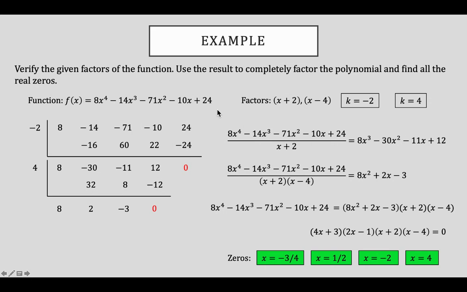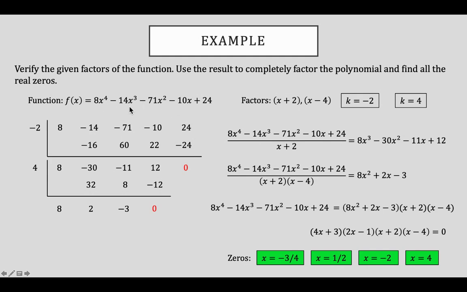So, given a few of the factors, we were able to use synthetic division to divide, which then in turn allowed us to factor the polynomial completely and find the rest of the remaining zeros. All right, so a great skill to have, being able to use synthetic division to factor polynomials. Make sure you understand what you are actually dividing when you complete your synthetic division.